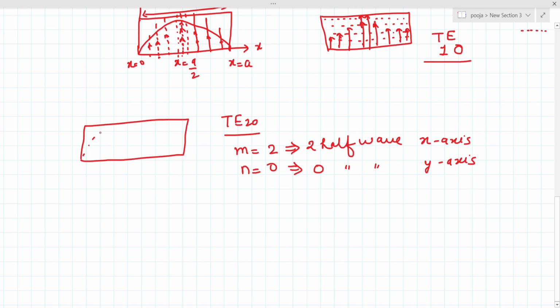So there will be two half waves. This is TE20 mode.